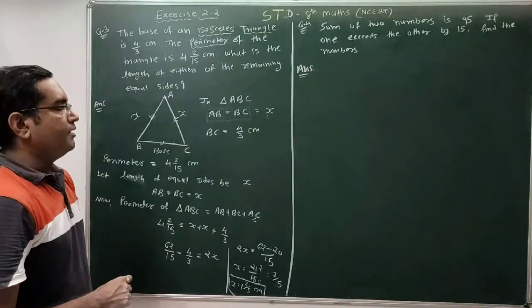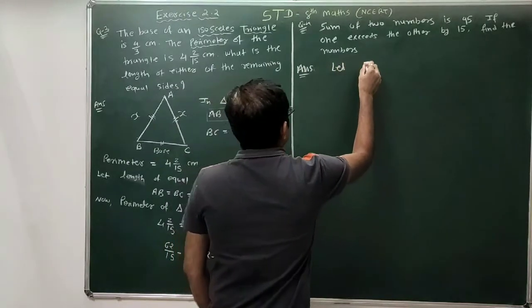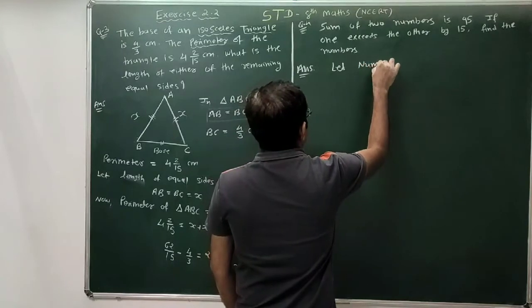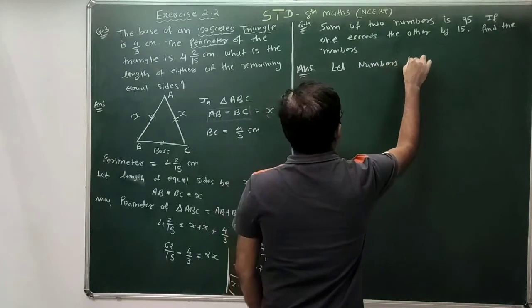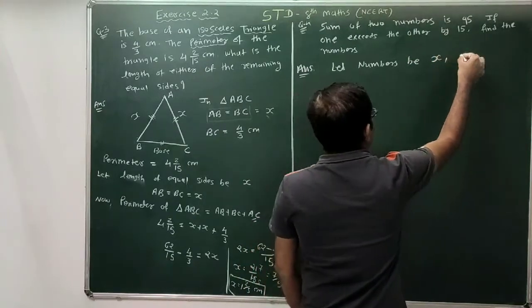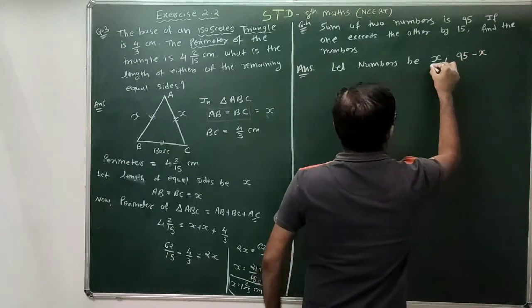So find the number. So let our numbers be x and another number is 95 minus x.